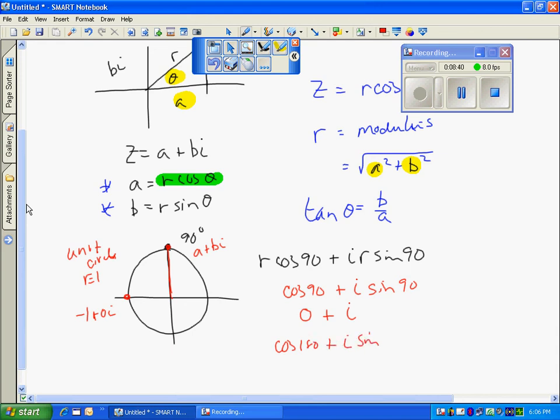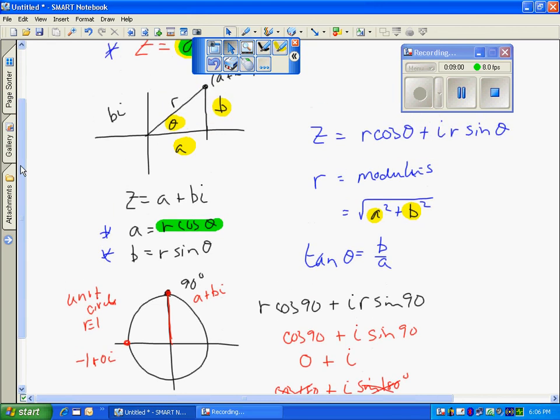The r is not there because it's equal to 1. Cosine of 180 is negative 1. Sine of 180 is 0. And notice they match. So if you just go back and look, it all comes from a diagram and a triangle and noting what each of them are. It all deals with theta, a b, which is also x y, and r.